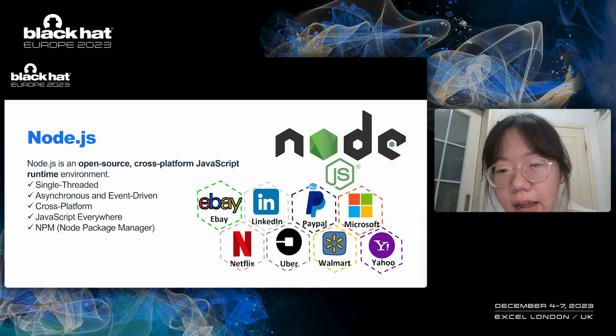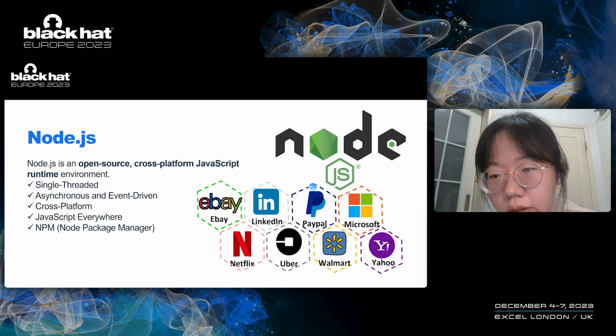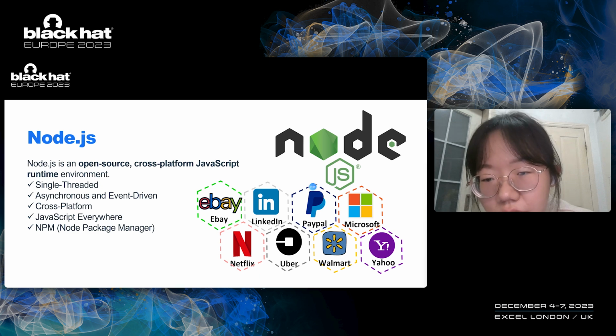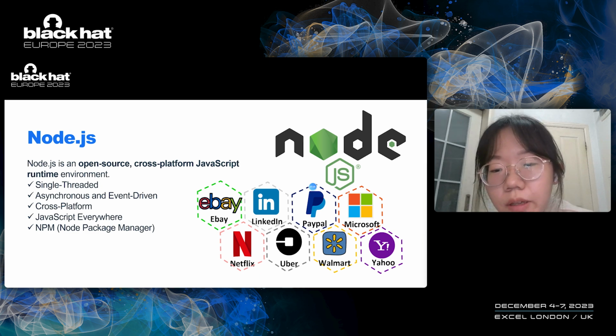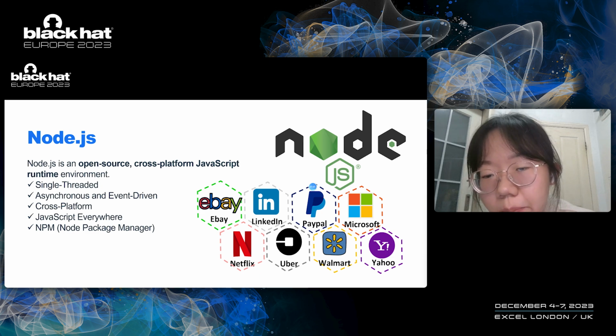Node.js stands as a beacon of innovation, an open-source, cross-platform JavaScript runtime environment that has revolutionized the way we build web applications. Its design, although reliant on a single-thread architecture, breaks performance barriers with its non-blocking, asynchronous, and event-driven nature.